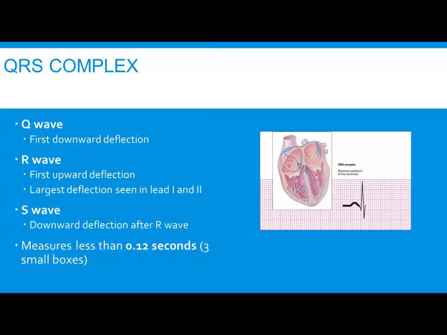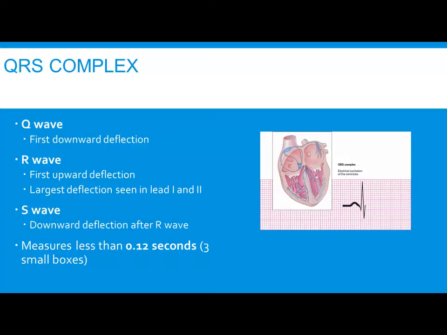Your R wave is going to be the first positive deflection. And then your S wave is your next downward deflection after the R wave. And then as the S comes back up, it is just trying to go back to the repolarization state.